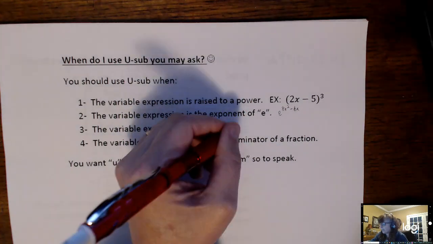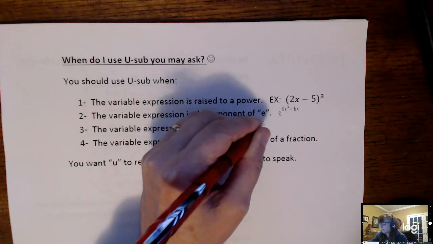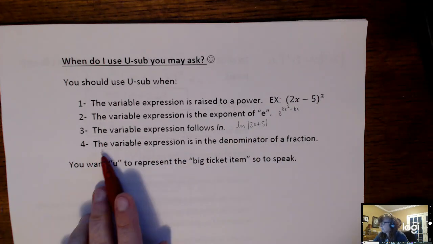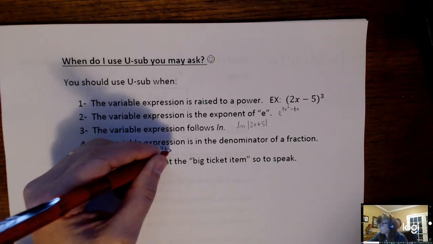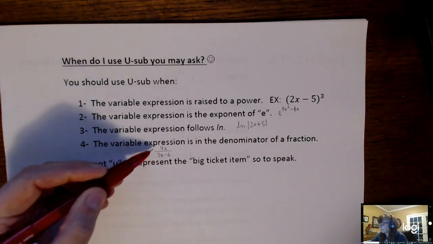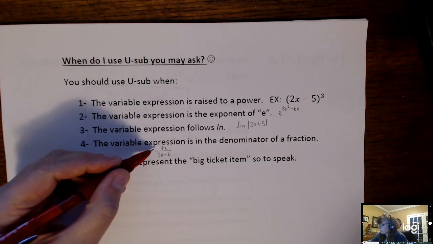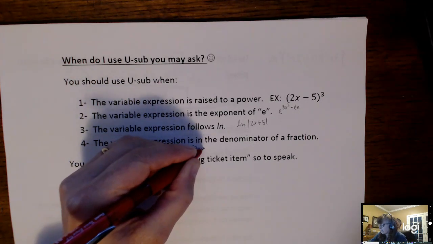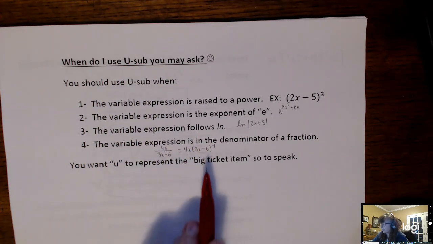If you had the natural log of 2x plus 5, something other than just x, you would let u equal that. If you had a variable expression in the denominator, like 4x divided by 3x minus 6, then there's no quotient rule, so you would want to rewrite that as 4x times 3x minus 6 to the negative 1, and then you would let u equal that.